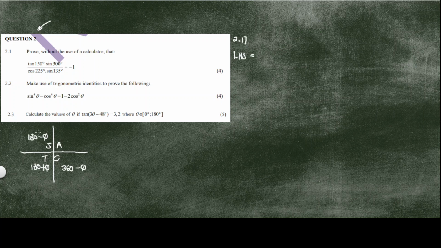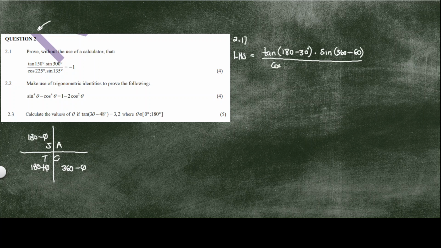How are we going to reduce tan 150? It's going to be 180 minus 30. What about sine 300? It's going to be 360 minus 60.